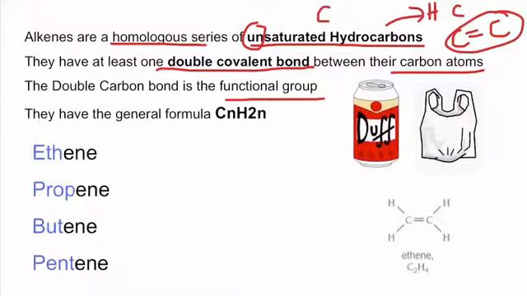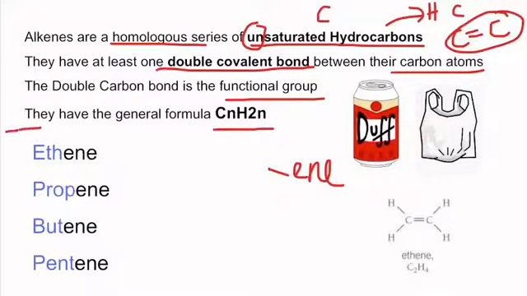You'll also notice that all of the alkenes end in ENE, the same way that the alkanes end in ane, these end in ene. And for all of the alkenes, they have this general formula CnH2n, meaning that however many carbon atoms we have, double the amount of hydrogen atoms.